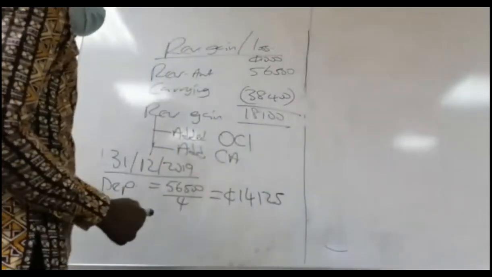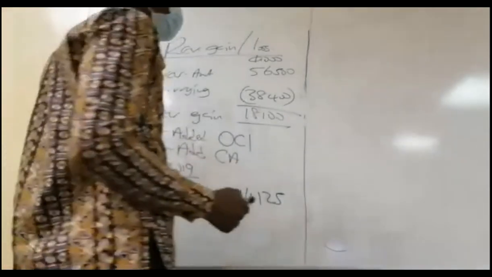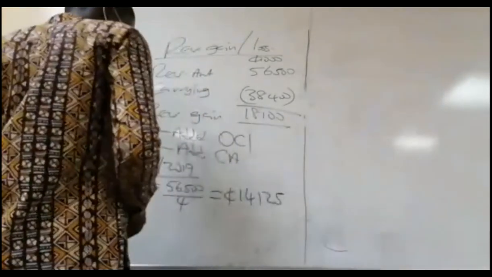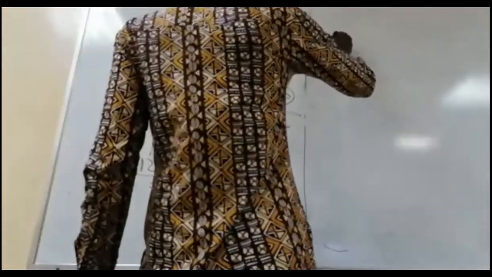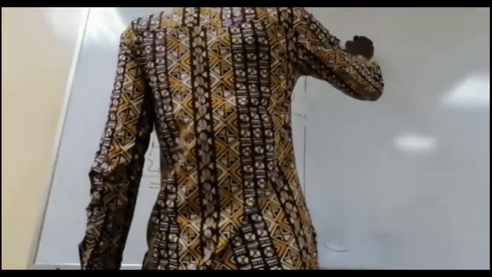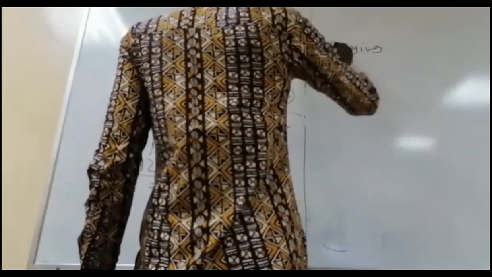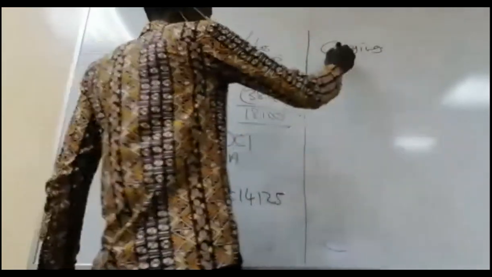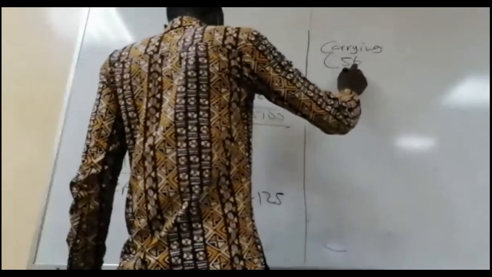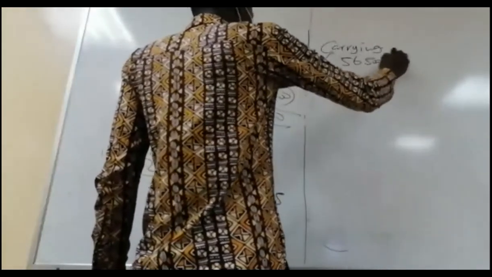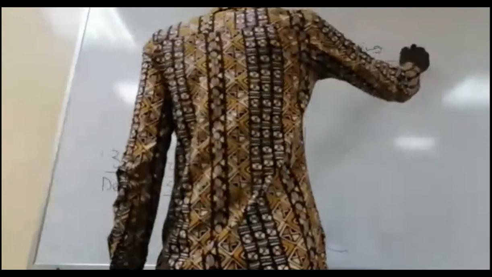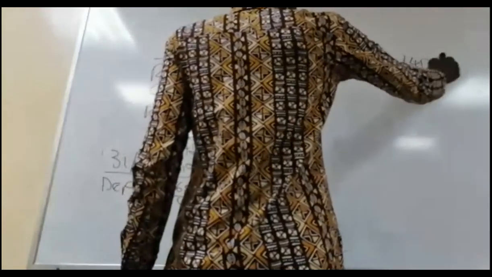So first, let's still find a carrying amount. So let's continue to find the carrying amount. So first, carrying amount will be, in the brackets, 56,500 minus what? The 14,125.